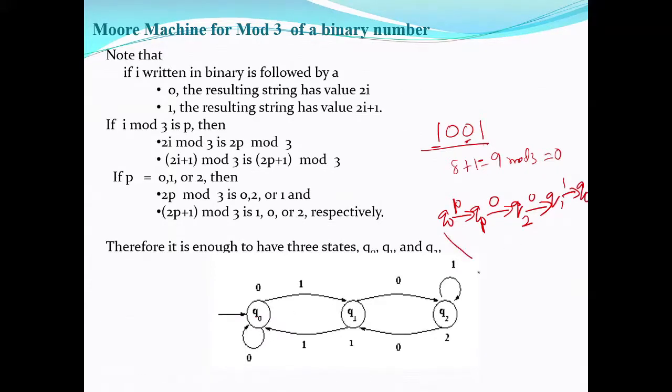Now the output of Q0 is 0, of Q1 is 1, of Q2 is 2, then Q1 is 1, and Q0 is 0. The last remainder which I get will be the answer, because this is your entire number. So that is how this Moore machine will compute mod 3.